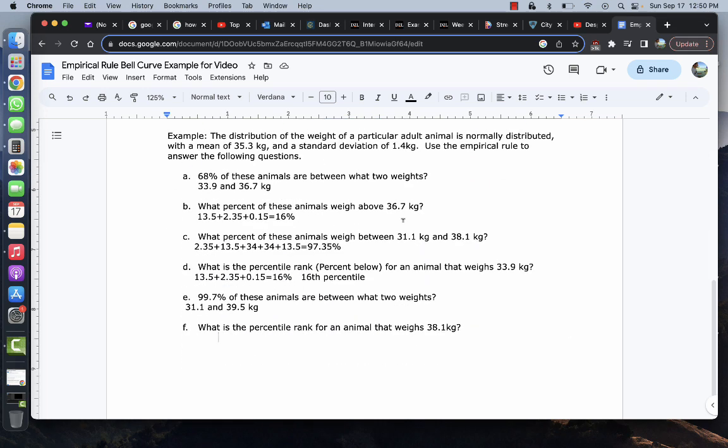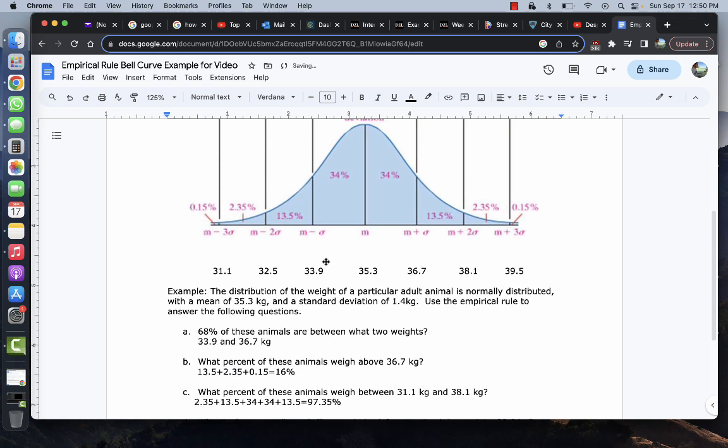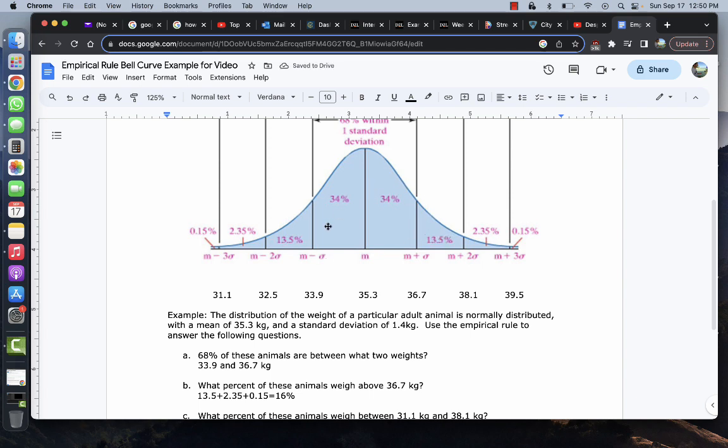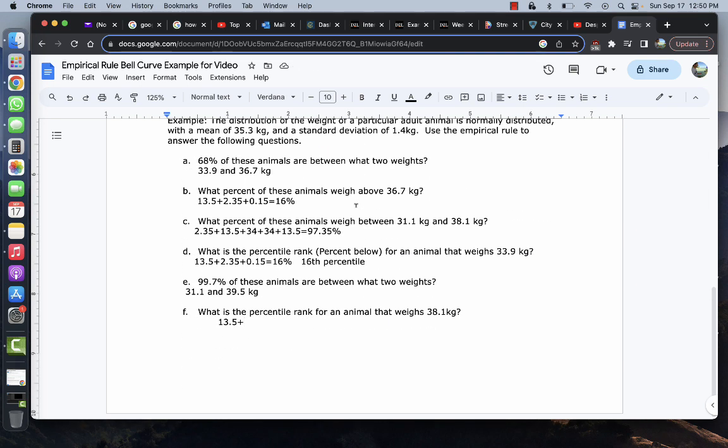I'll show both here. So now I'm adding all the percentages below, all to the left: 13.5 plus 34 plus 34 plus another 13.5 plus 2.35 plus 0.15. Add all that up and I get 97.5%.